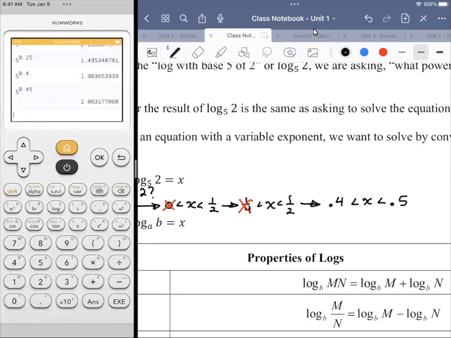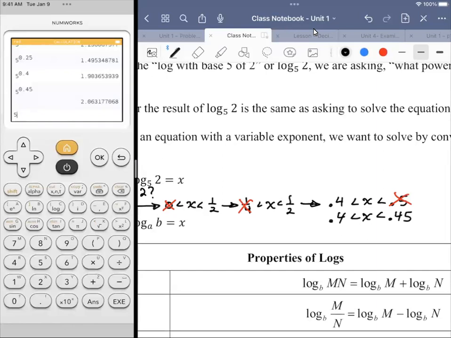Now I'm getting pretty close, 2.06. So I know that it's got to be somewhere between 0.4 and 0.45. So then I try something in between those two numbers.